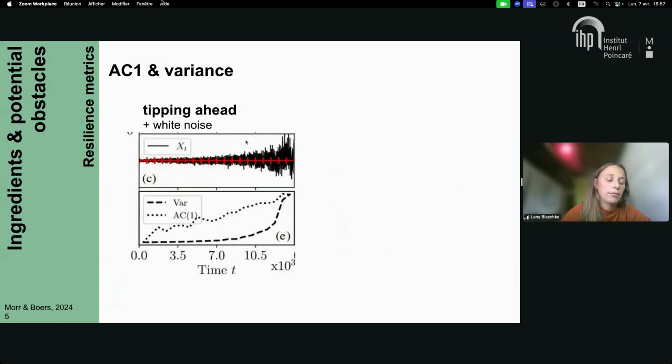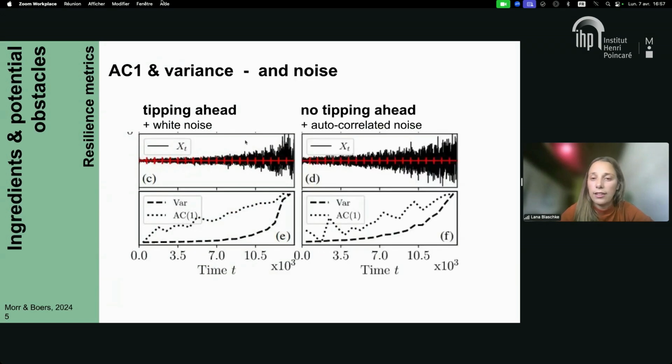But what was already known, and Andreas and Niklas showed in their study as well, is that if you have, for example, autocorrelated noise without any tipping, you can also get an increase in variance and autocorrelation without any tipping being ahead. So that's the first thing we will look at. Noise can actually influence our resilience metrics, so we should know about the noise in our data.